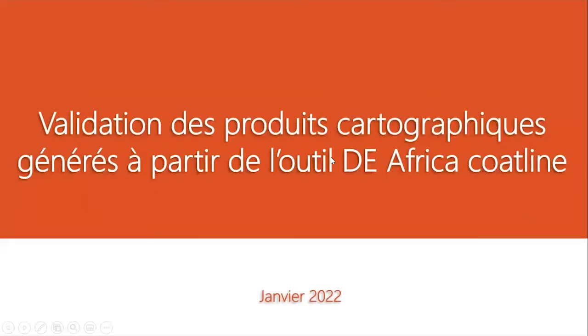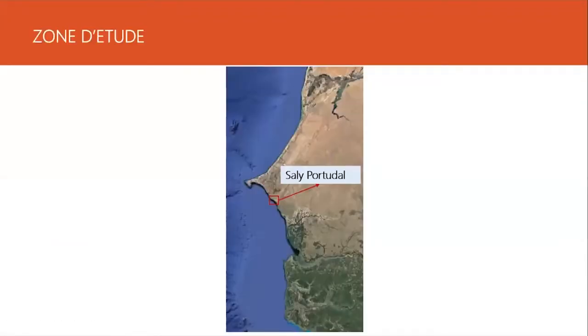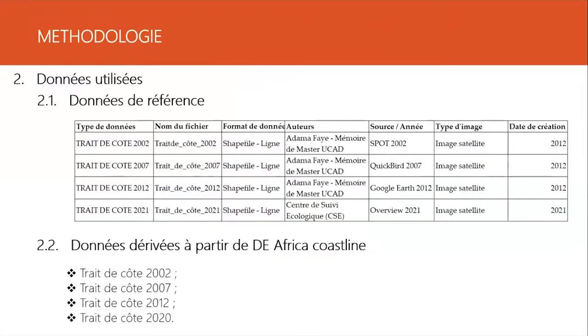So now the thing is this: we have been extracting those shorelines from this Saly Portudal in Senegal, and we need the validation datasets so that you could compare them with what you've done and say what is the shift distance, how far our results are from the reality.